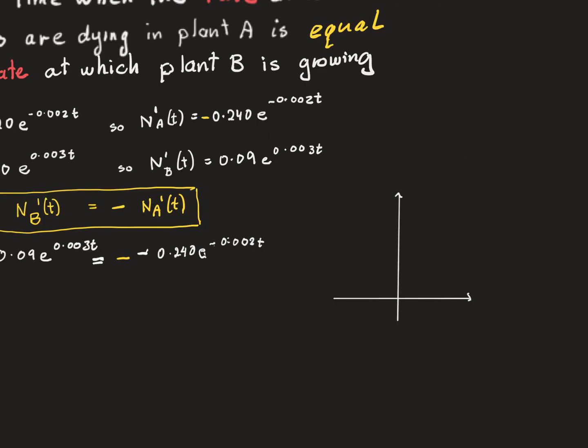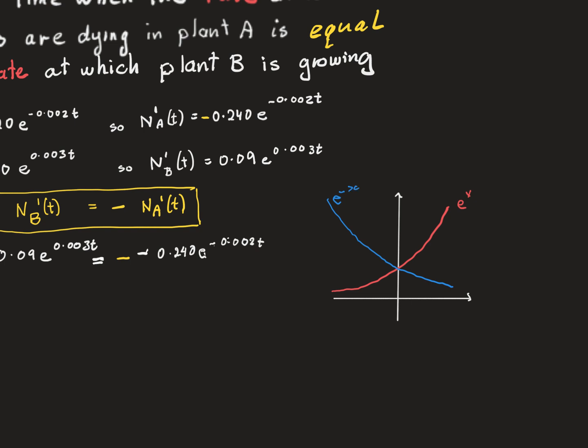Why am I making this a negative? Well, let's examine two exponential functions. One of these exponential functions will be, let's say, e to the x, and the other exponential function will be going the other way, which means that it'll be e to the negative x. And this is the scenario that we have.